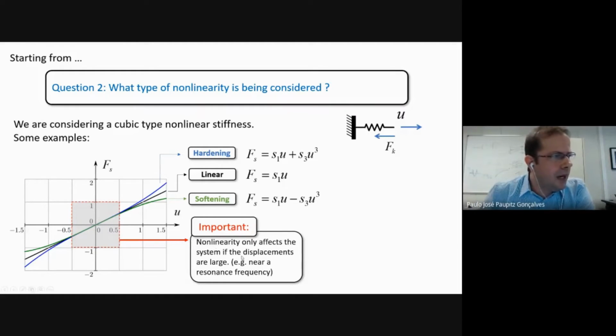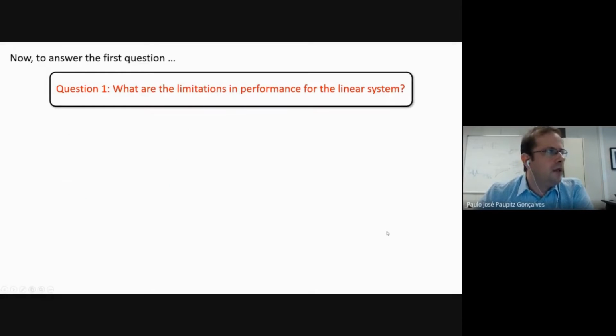So I put this because we are only going to observe this phenomenon when we have large displacement, probably near a resonance frequency.